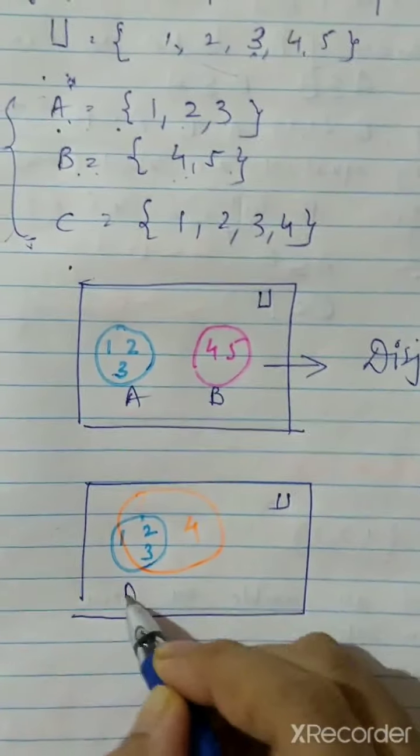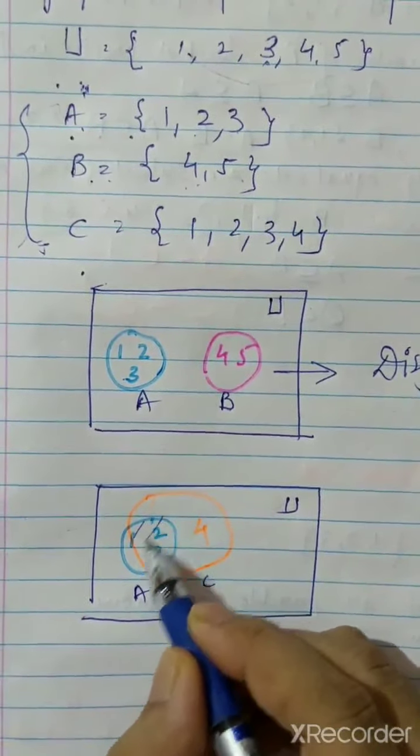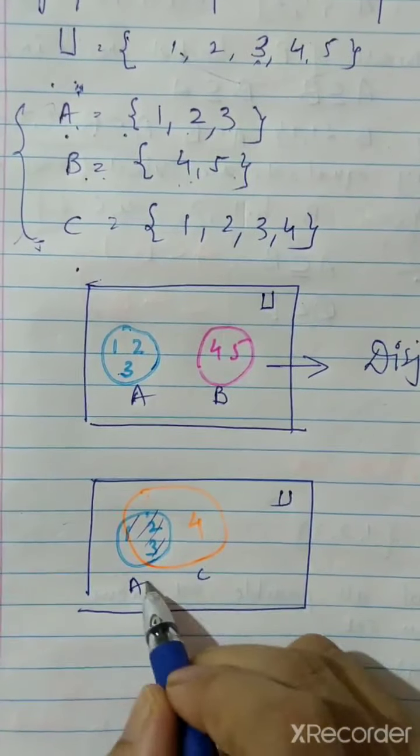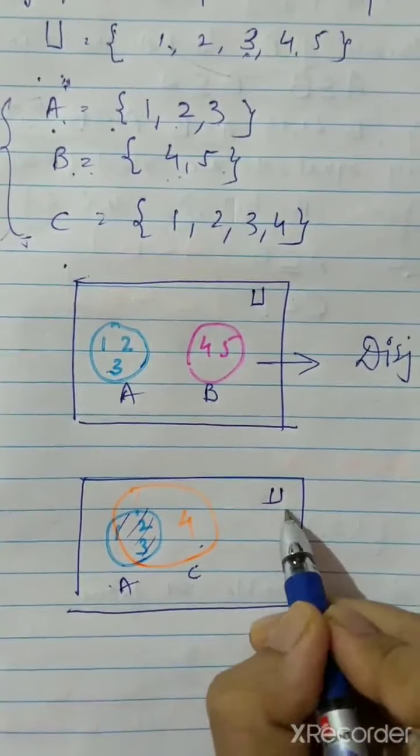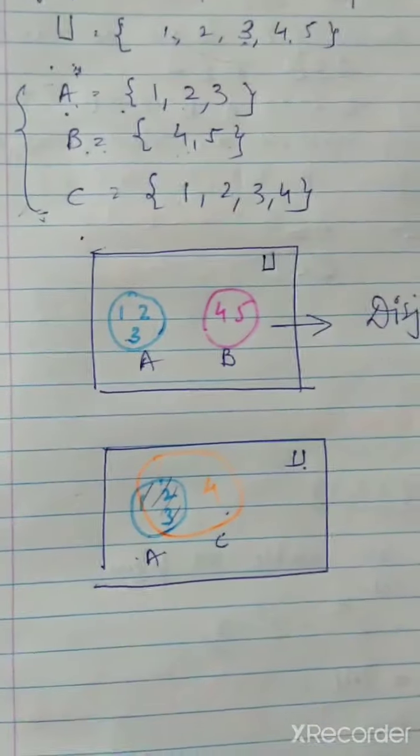So this is set A and this is set C. So 1, 2, 3 is common between A and C. So A is a subset of C. Please keep this in mind.